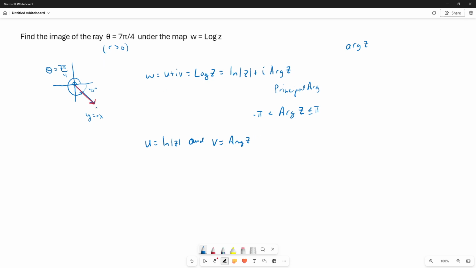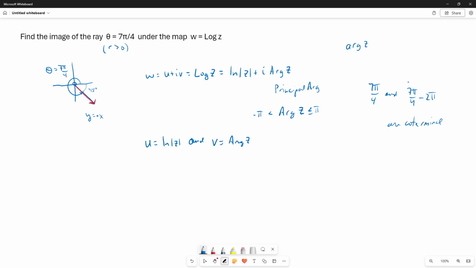So on this ray here, one argument of Z is 7 pi over 4, but that argument is not in this interval. So we have to observe that 7 pi over 4 and 7 pi over 4 minus 2 pi are coterminal angles, and so either one of them could be used to represent an argument.